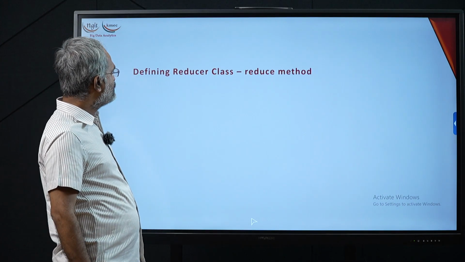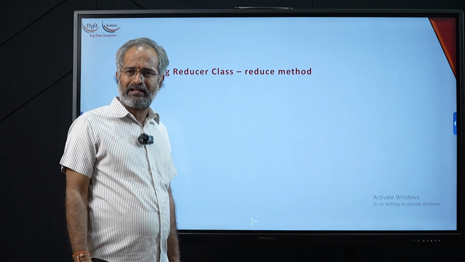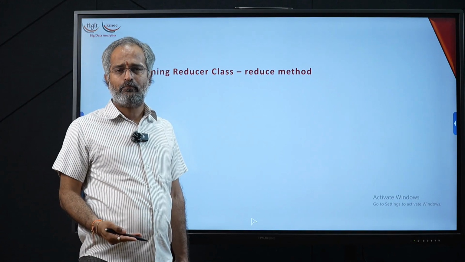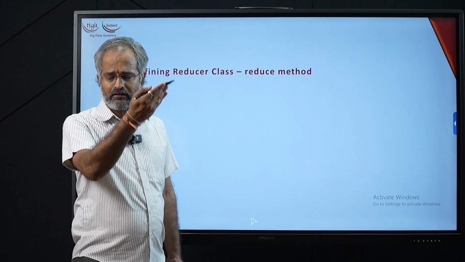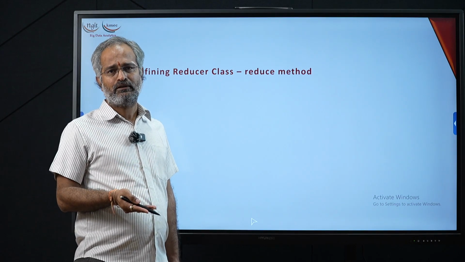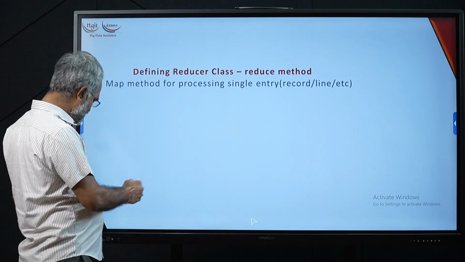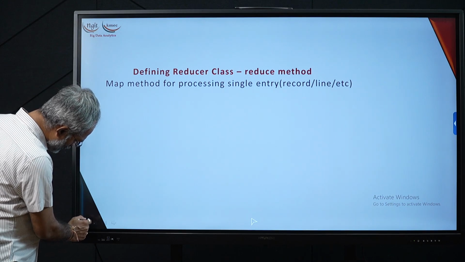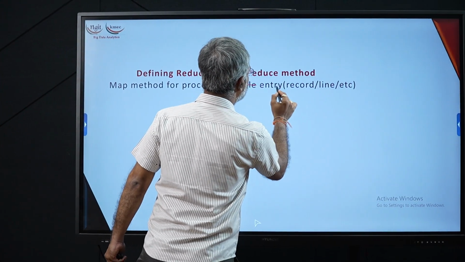And see here, the reduce method will be called a number of times. How many times will it be called? That is the number of keys available in this application; those many times the reduce method will be called.